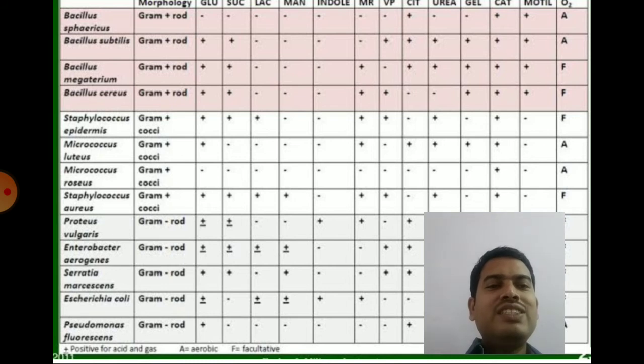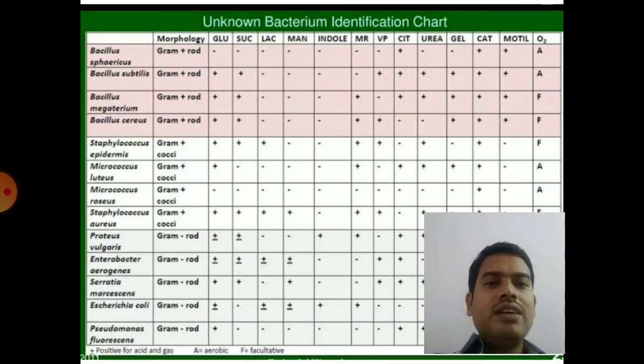Only the catalase test shows positive, the rest all show negative, whereas Staphylococcus shows only indole negative, citrate negative, gelatinase negative, and motility negative. So this is how the bacterial species give their reactions and respond to biochemical tests. Like this, an unknown bacterial species can be identified by performing the biochemical tests. This is the chart showing identification of different bacterial species based on the biochemical tests.